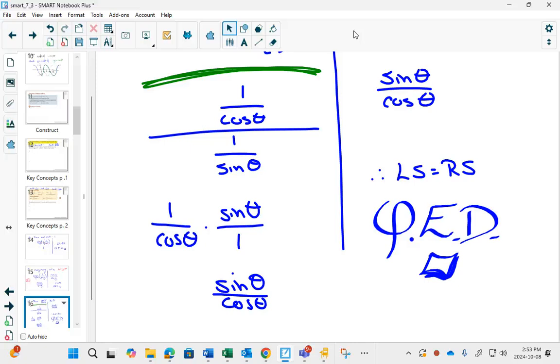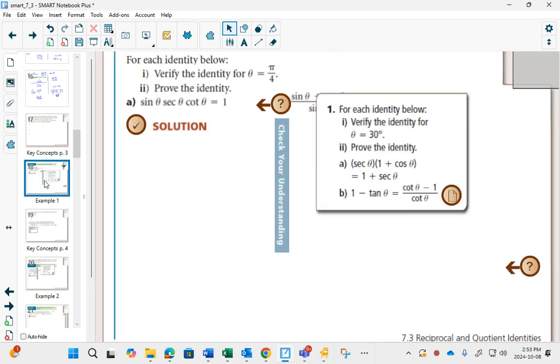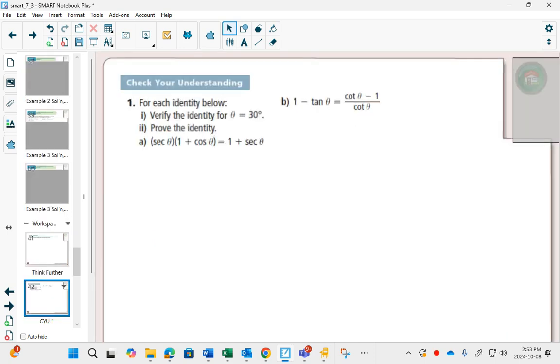We'll now turn to example 1 in our textbook. And we're going to talk about the difference between the word verify and the word prove. When a question says verify for a certain angle, that means you have to plug that angle in, and you're still going to do left side and right side and see if they're the same.